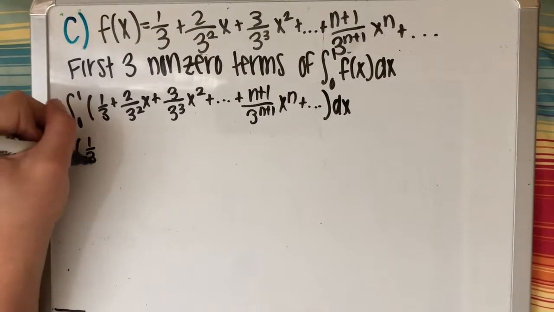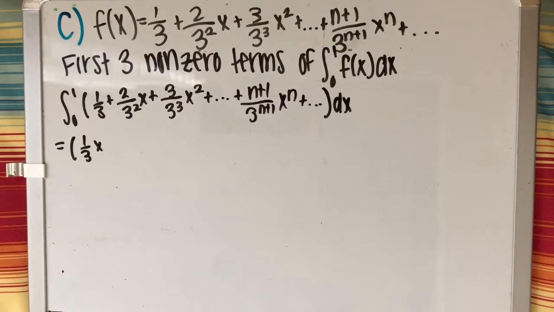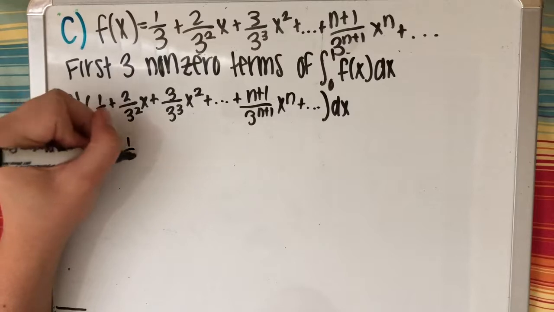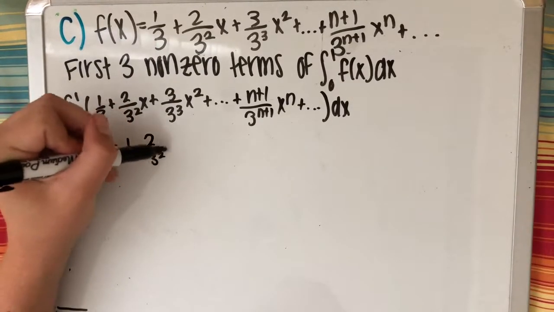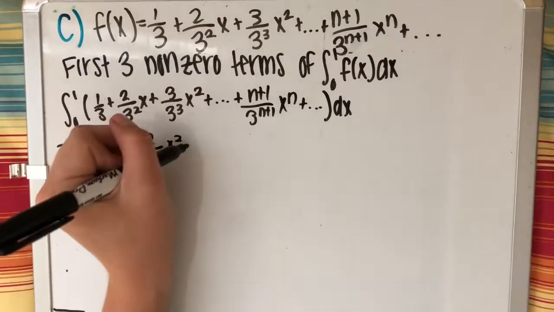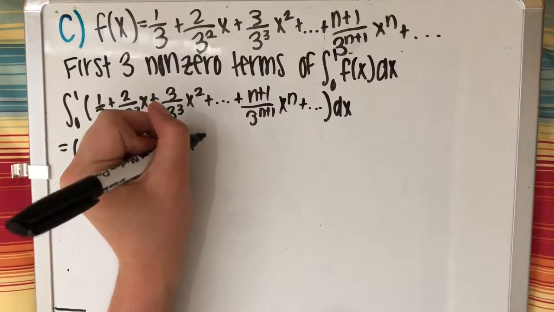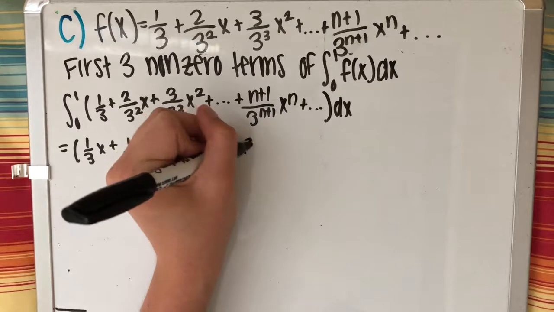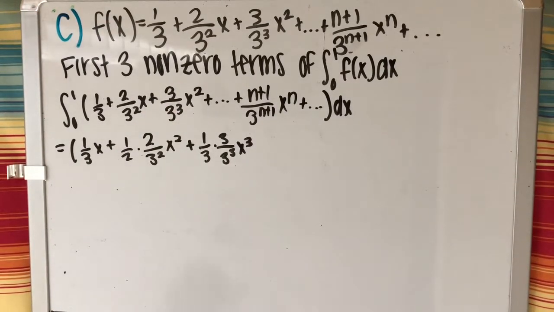Since it's a polynomial, we can just take the antiderivative, so undoing power rule, add 1 to the power of x, and then divide by that power. So we're going to have 1/3 x plus 1/2 times 2 over 3 squared times x squared, plus 1/3 times 3 over 3 cubed times x cubed, dot, dot, dot.